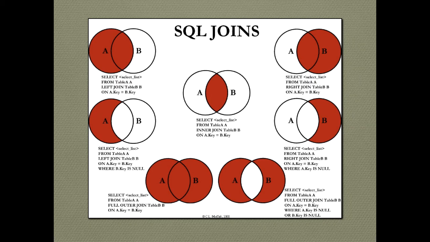Now, if you look at the two on the left, you'll notice that we're keeping more stuff from the A circle rather than the B. And because the A is on the left, you'll notice that both of those are left joins in some sense. And look at the right. We're keeping more red stuff from the B table. The B table is on the right. So technically those are called right joins.